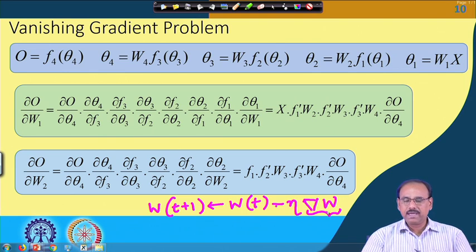When this almost becomes 0, your Wt plus 1 and Wt remain more or less the same. That means you hardly update your weight. And this is the problem of vanishing gradient, right?